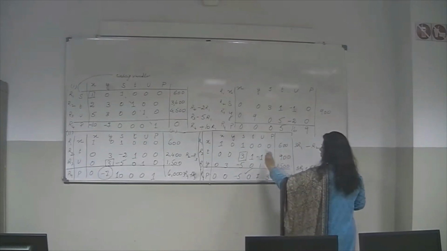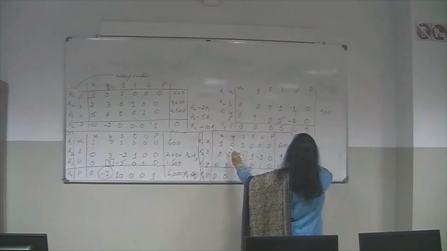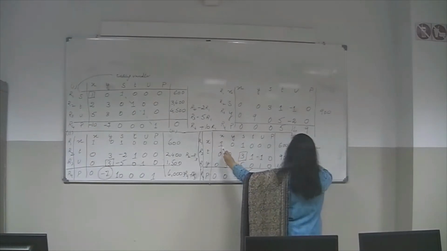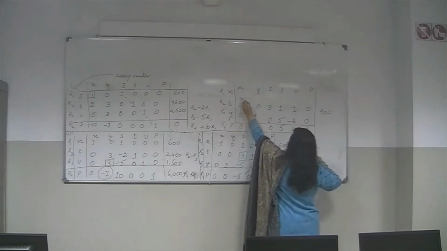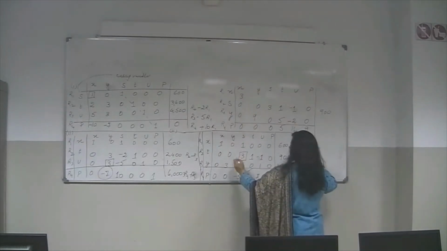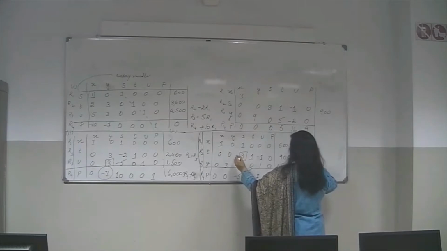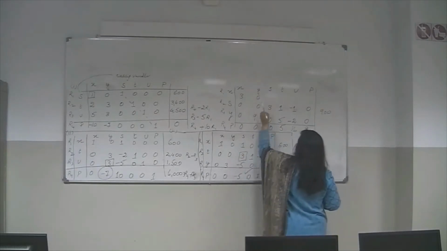Now the top row is left. We see that this is 3R1. So 3 minus 0 is 3. This is 0 minus 0. 3R1 minus R2, so it's giving you 0, so you just write 0 here.